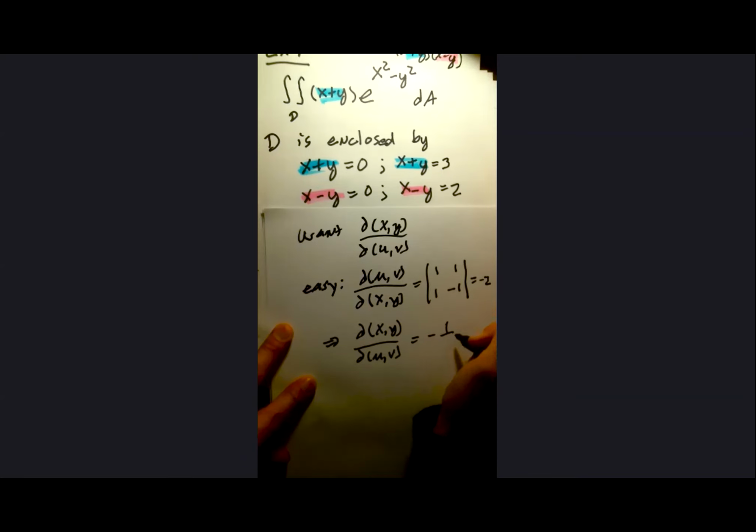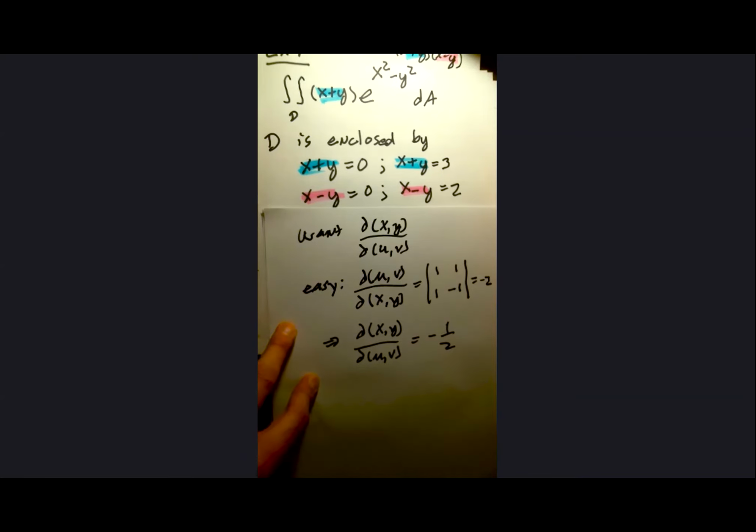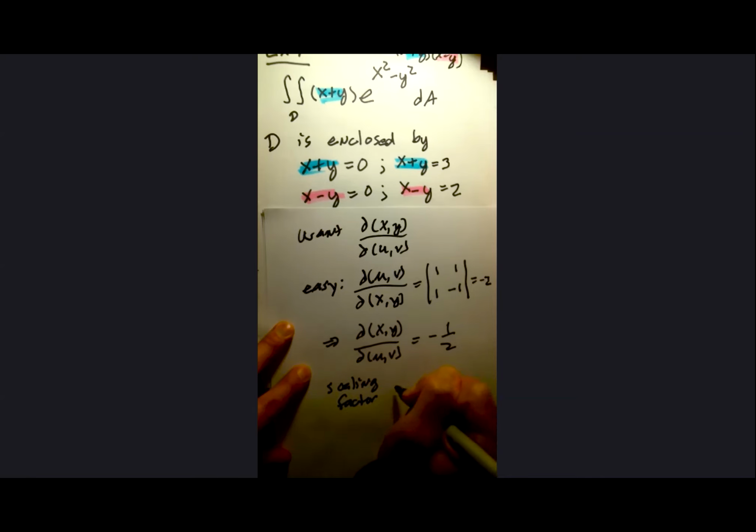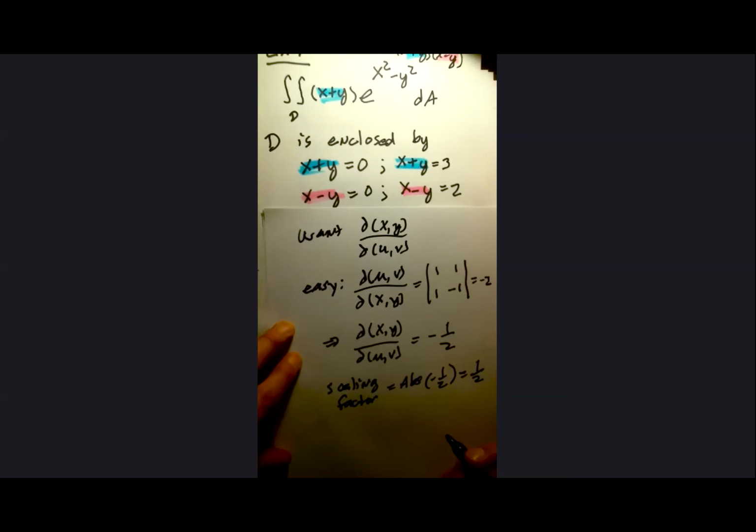So this tells us that the Jacobian that we want is -1/2. And our scaling factor will be the absolute value of this, the absolute value of -1/2, or +1/2. Does that make sense? So we have to posify that scaling factor.